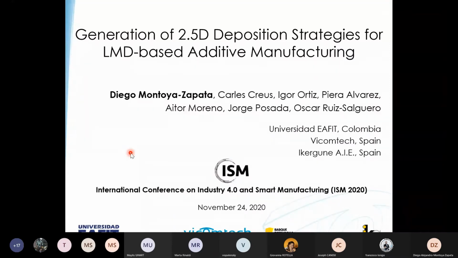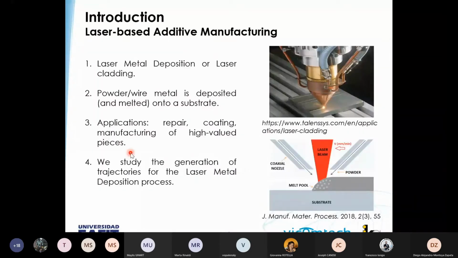As I said, my name is Diego, and I am here to present to you our work on the generation of 2.5D deposition strategies for laser metal deposition additive manufacturing. So first of all, a little bit of an introduction on the laser metal deposition process.